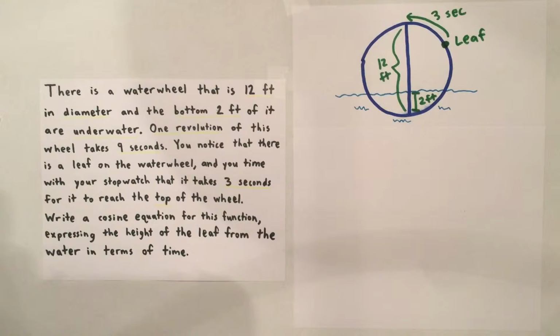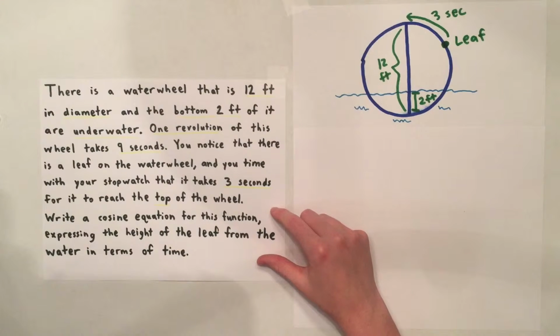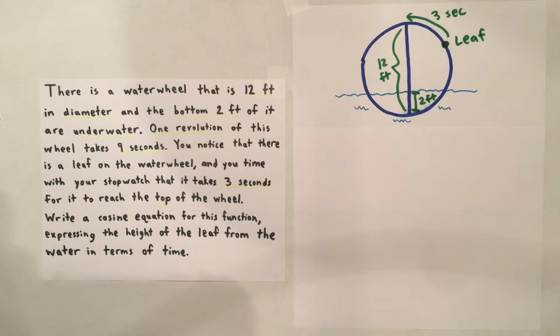First, I am going to draw and label my axes. We know from the word problem that because it says to express the height of the leaf from the water in terms of time, time will be our x, and the height of the leaf from the water will be our y.